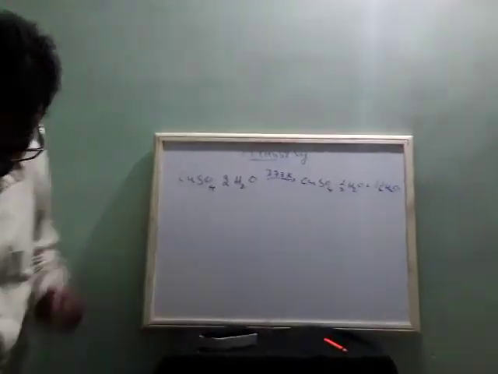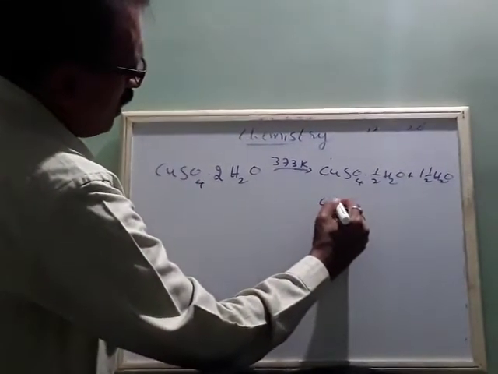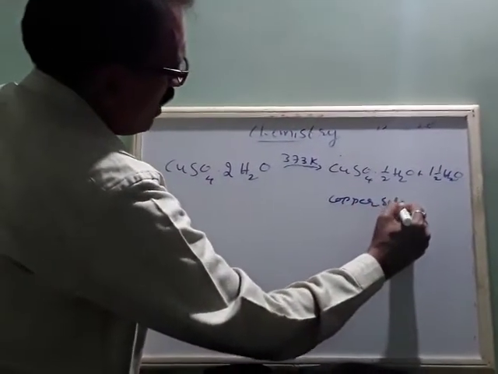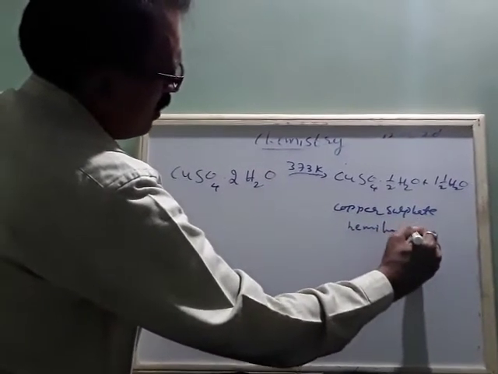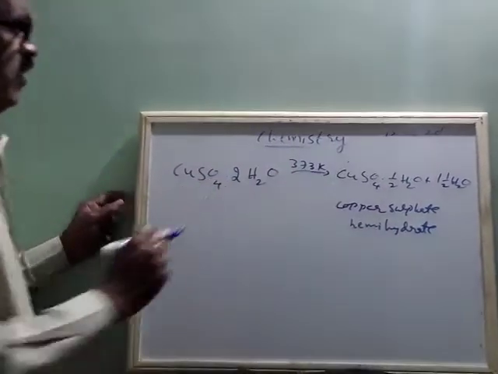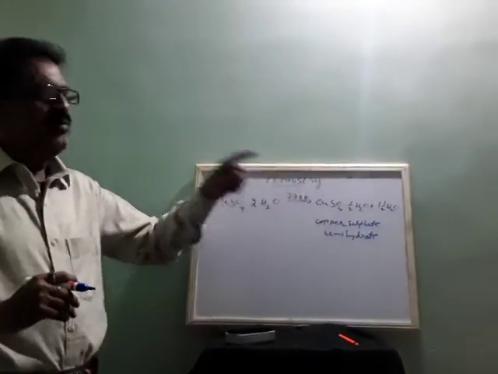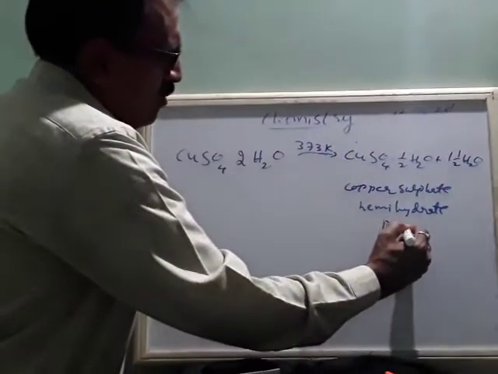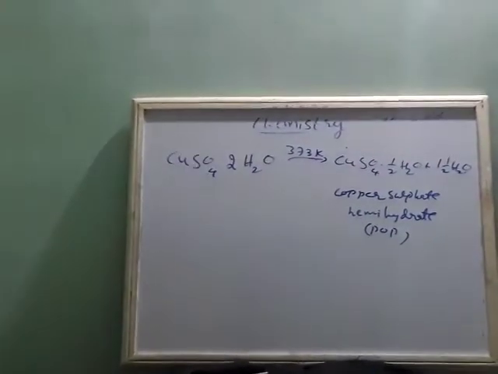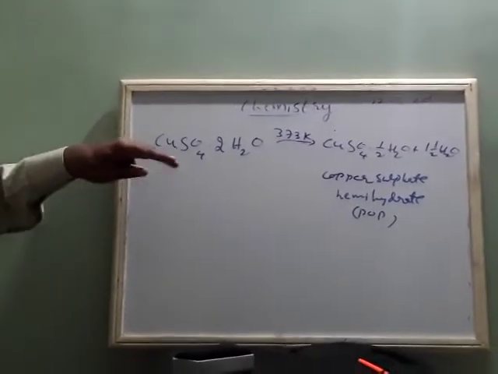So when you heat gypsum at 373 Kelvin, you get the hemihydrate and 1.5 molecules of water. This is actually called POP, plaster of Paris. Then again, what do we do here? This plaster of Paris is used.